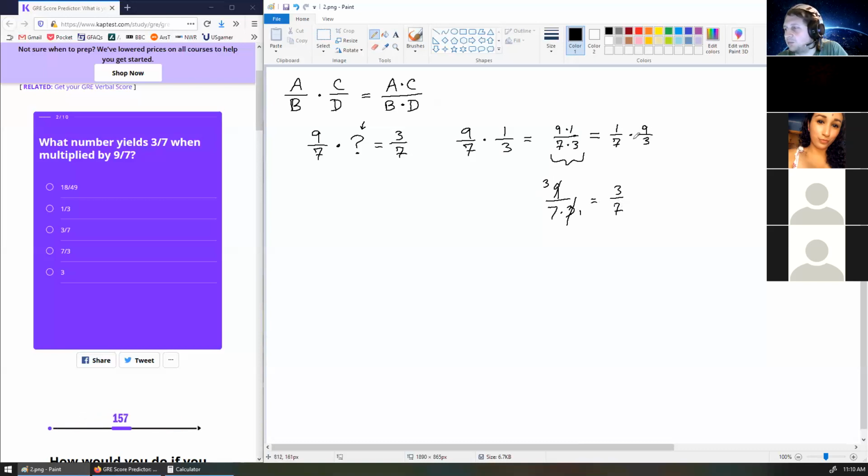Up here, I just rearranged it because I could. This is exactly the same as doing that, just rearranging the terms.